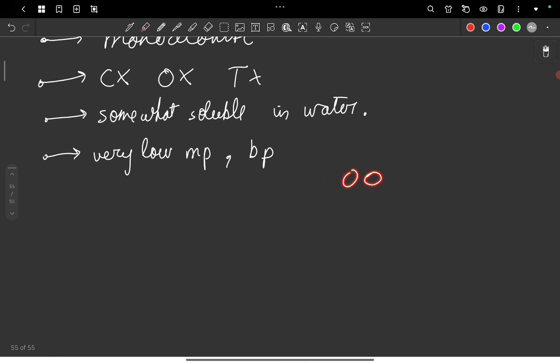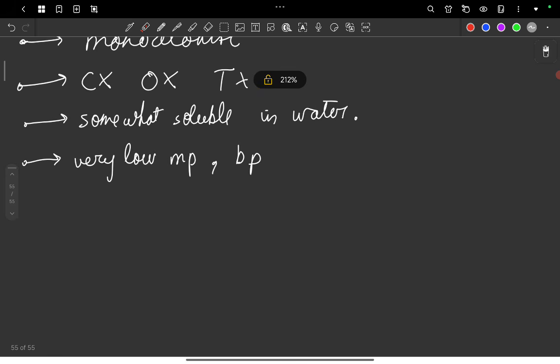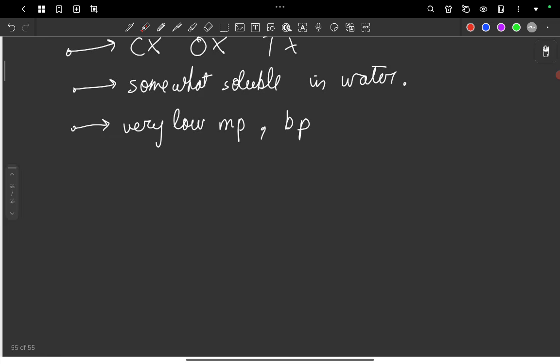Their molecules are arranged together, sure, but they have very weak forces between them. So there isn't quite a strong packing here. So it's easy to give energy and just break these bonds and take them from solid to liquid or liquid to gaseous state, which is why they have low melting points and boiling points.